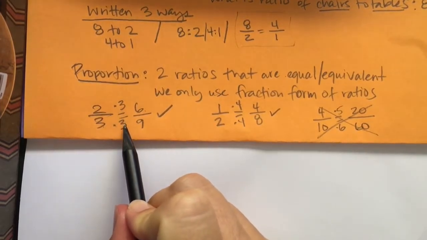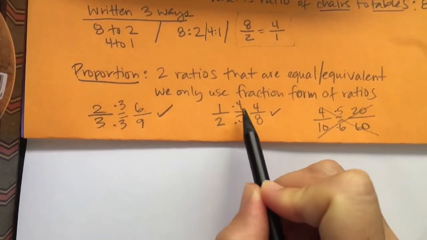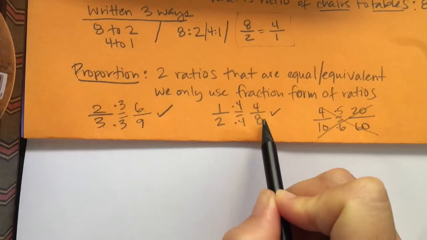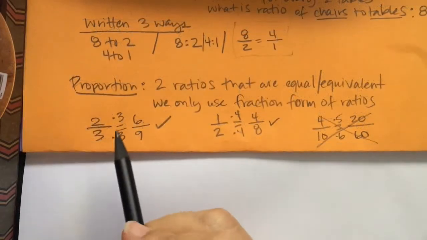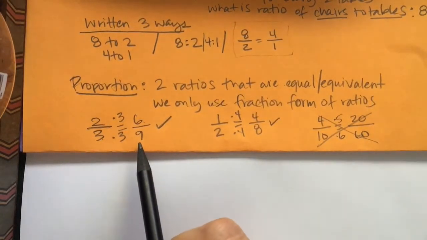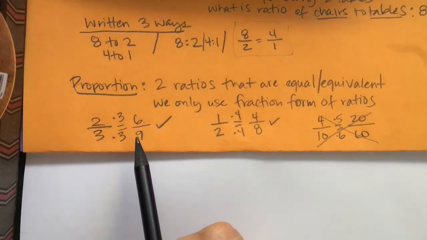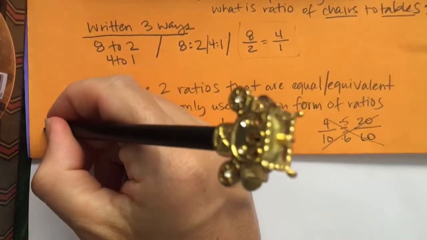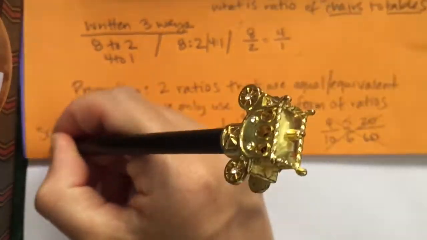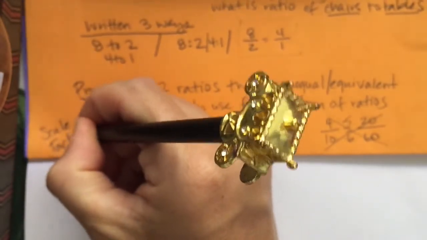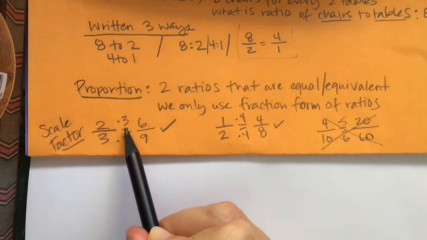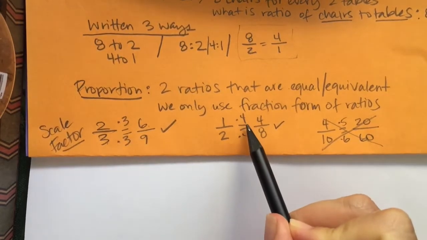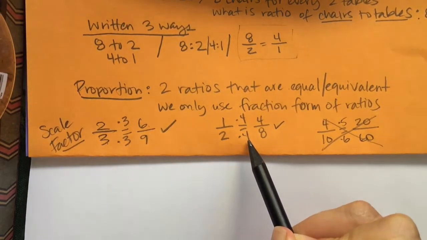They have to be multiplied or divided by the same number to make the numbers on the other side, okay? That's how we can tell it's equivalent, just like when you were reducing a fraction. Now this way of telling that two ratios are equal is called the scale factor. Okay? Scale factor in this case would be times 3. Scale factor in this case would be times 4.